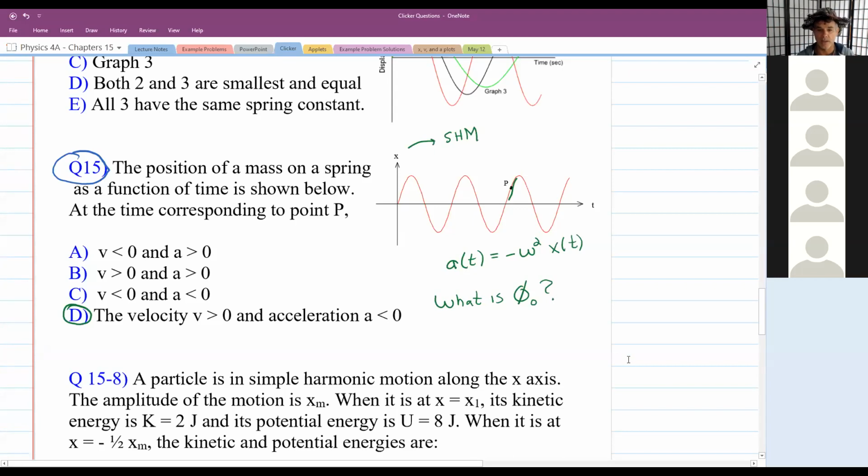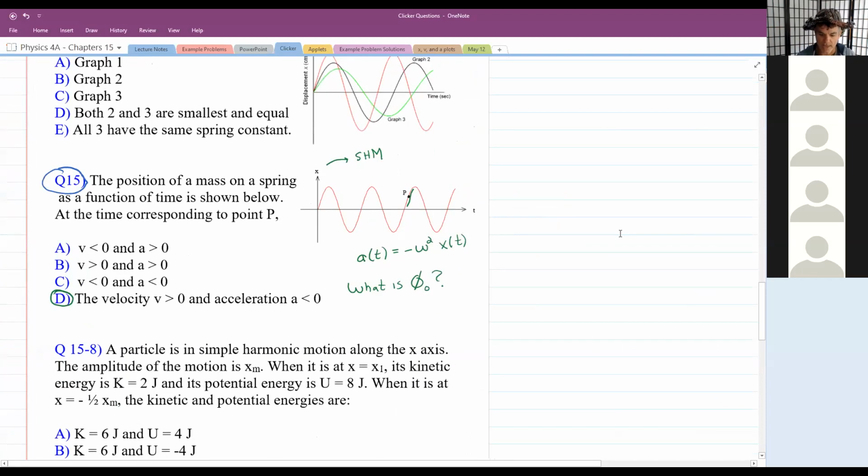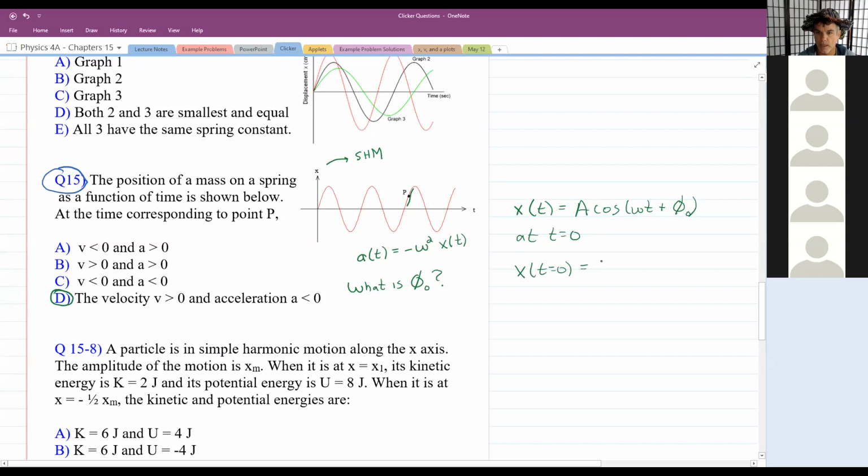The way you think about this is, my position versus time is equal to A cosine of omega t plus the phase angle, which means at t equals 0, my position is going to be equal to A cosine of the phase angle, because I'm plugging in t equals 0 for the time.